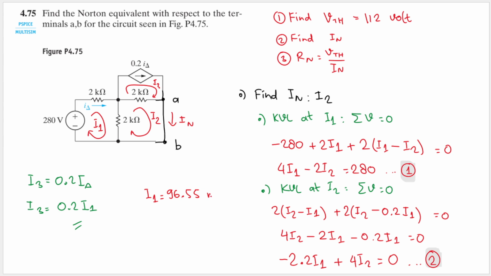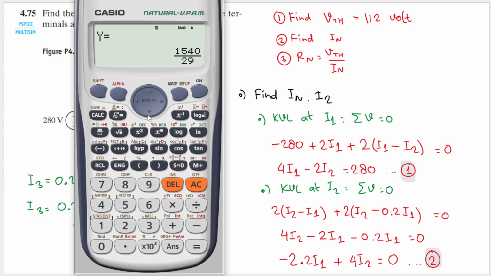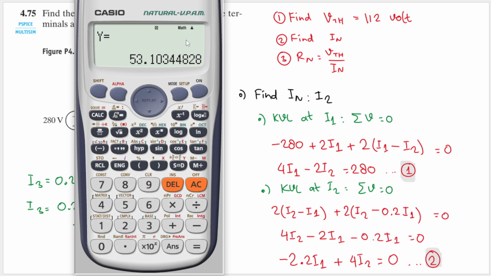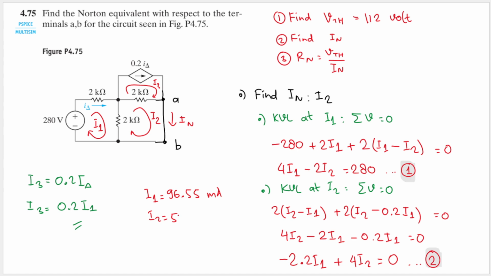And the unit here is milliampere. And what is I2? I2 is 53.10 milliampere.